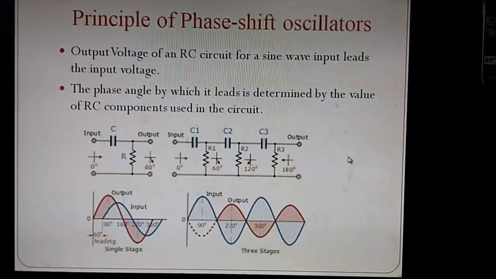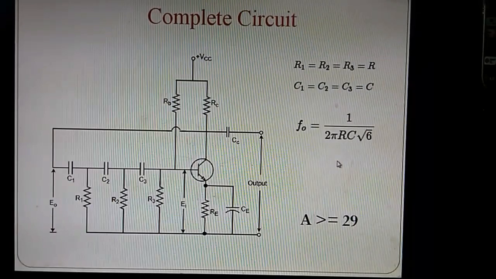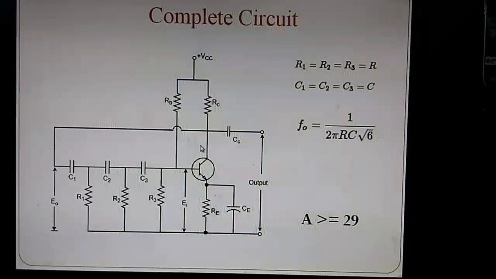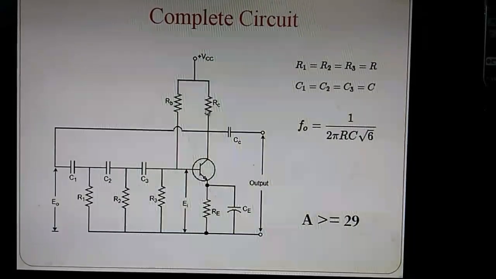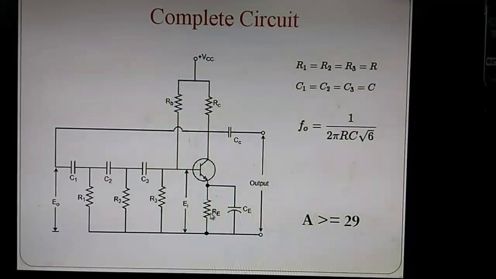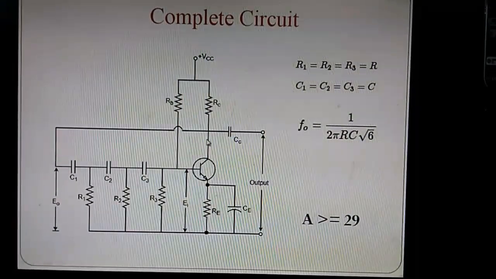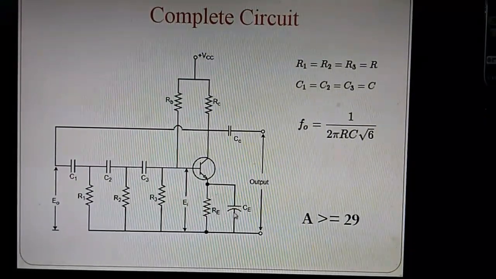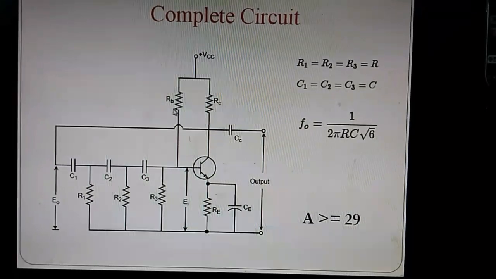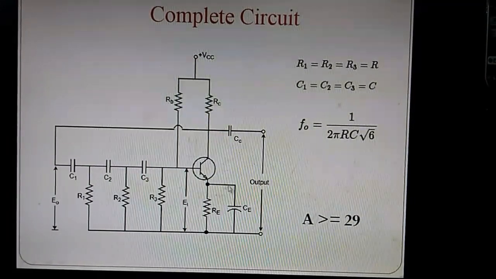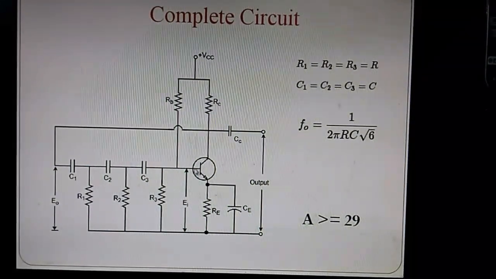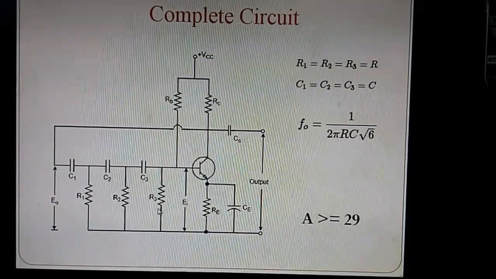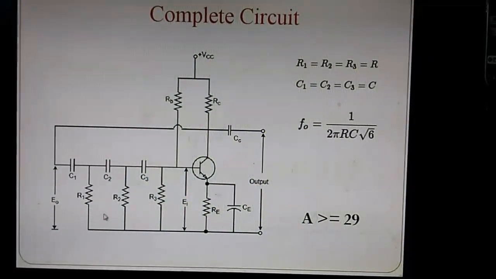So we will study the next slide, the circuit of the RC phase shift oscillator. RB, RC, the transistor, RE and CE configure the common emitter amplifier, and C1, R1, C2, R2, C3, R3 constitute a feedback network.